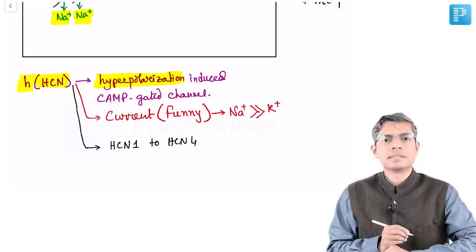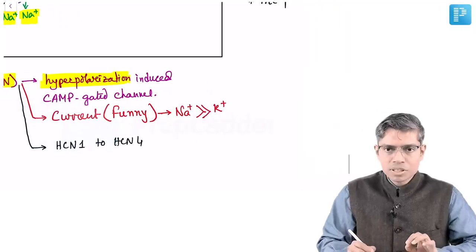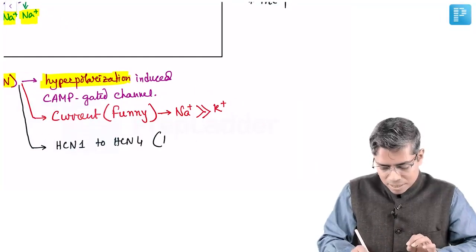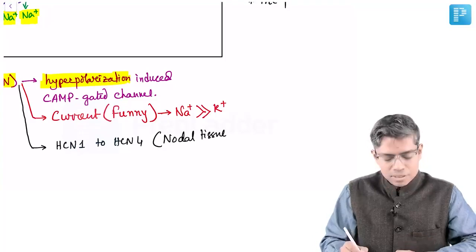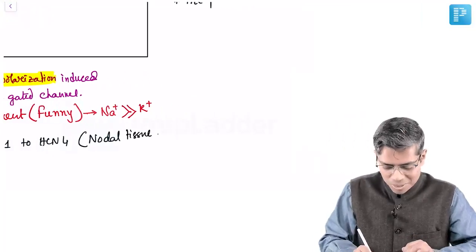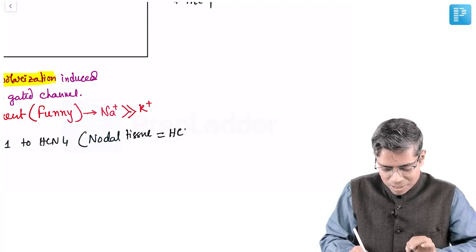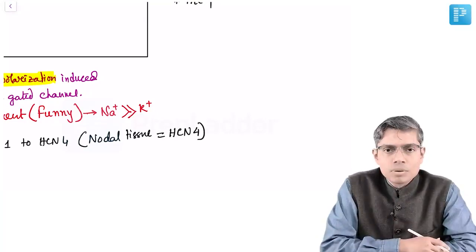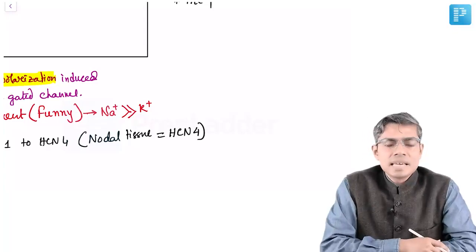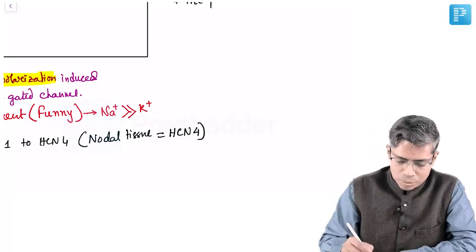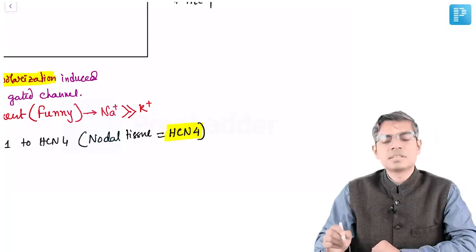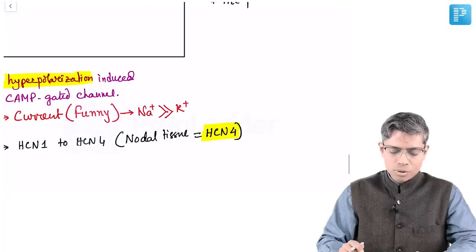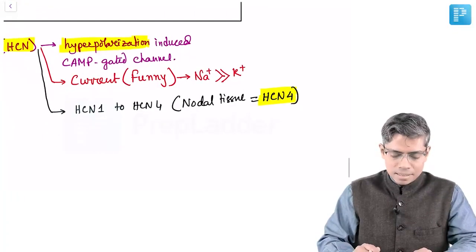If I ask you which HCN channel is present in nodal tissue, it is not HCN1, but HCN type 4. Although type 2 and type 3 are also discovered, the main HCN channel present in nodal tissue of the heart is HCN4.